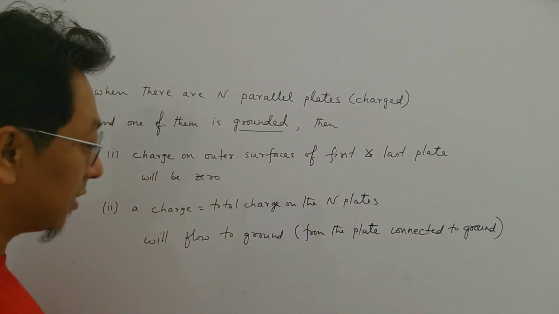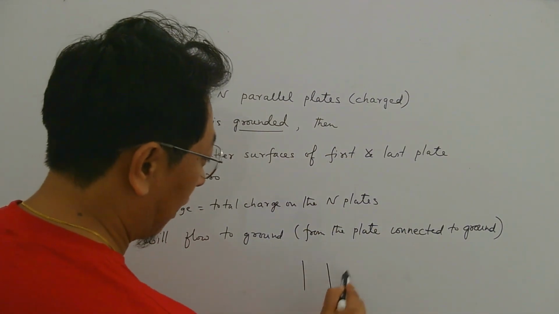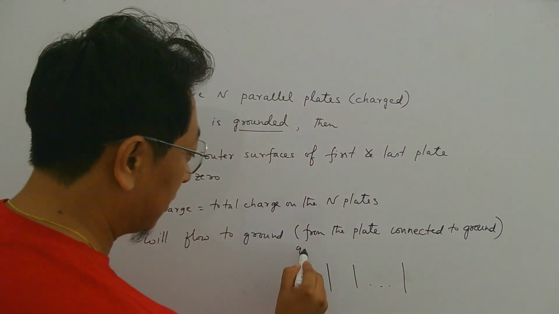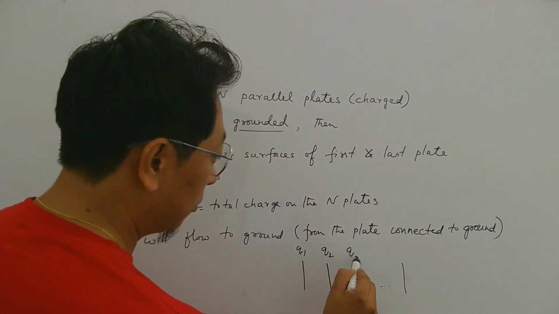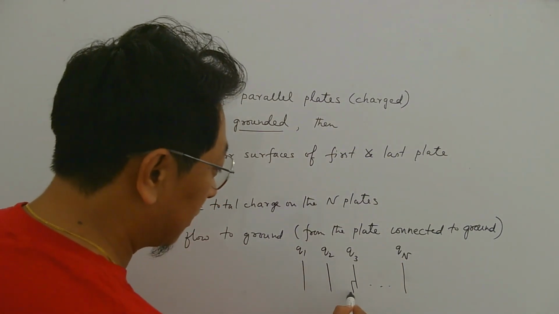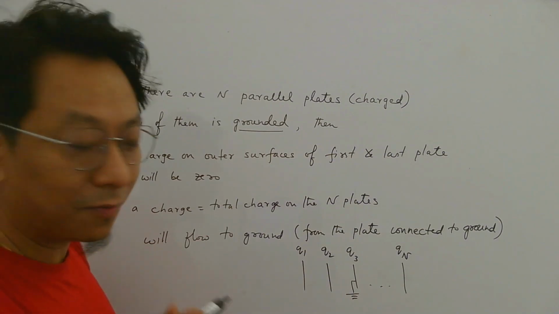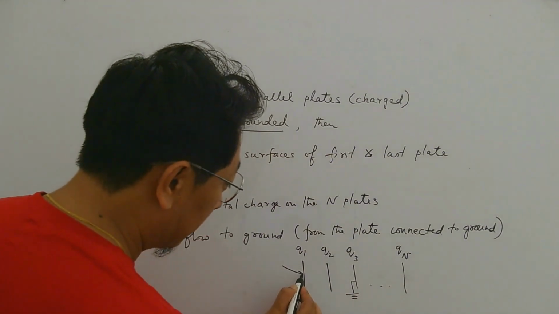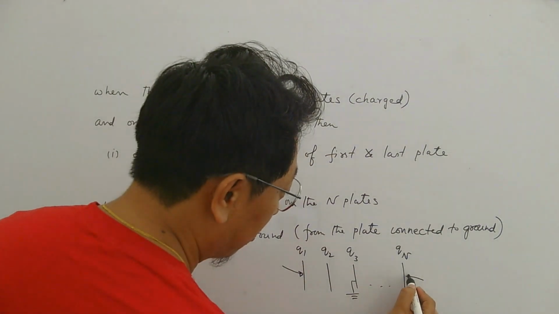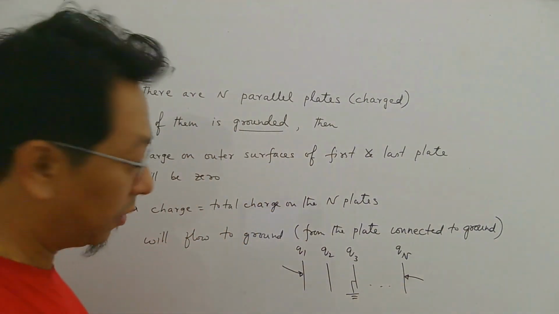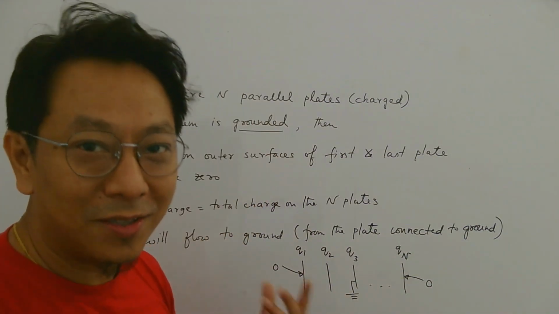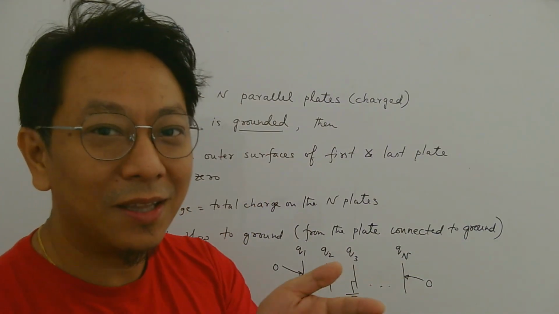So if you have n number of plates, which are initially having some charges q1, q2, q3 and qn, and any plate is grounded, then it is found that the charge on this side of the first plate and the charge on this side of the last plate should be 0. As I told, why this happens I will explain at the end.